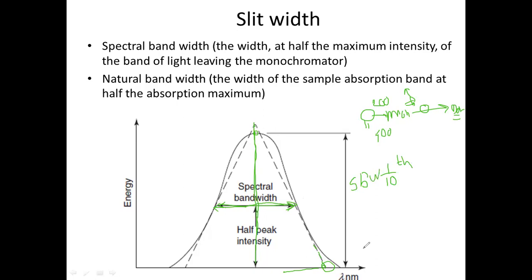Meaning, if we record the natural bandwidth and it comes out to be 200 nanometer, 1/10 of 200 nanometer is 20 nanometer. So the spectral bandwidth should ideally be less than 20 nanometer, so that you get linearity in your Beer-Lambert's law.